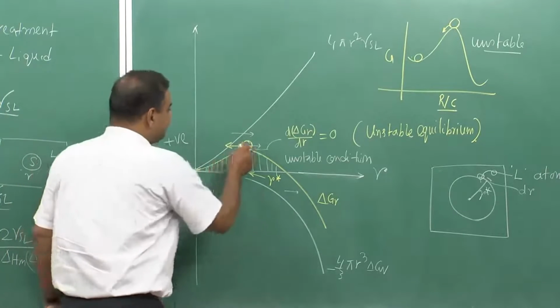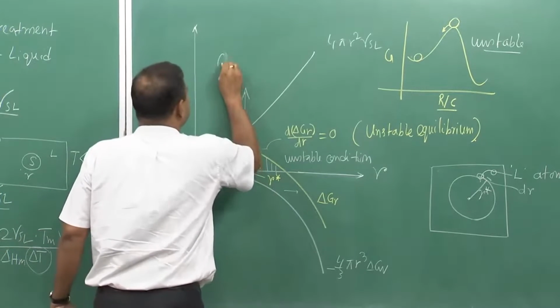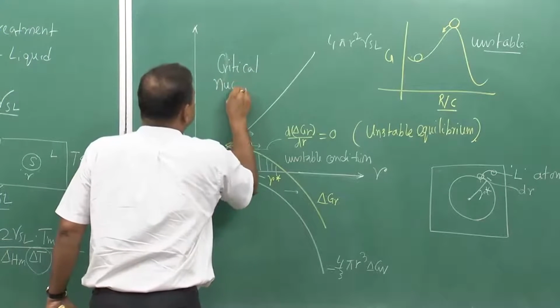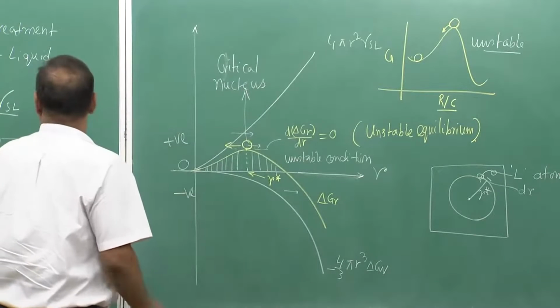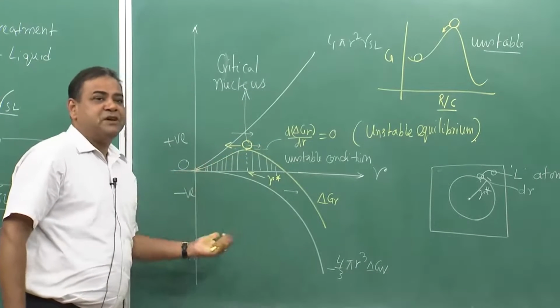So, that time we call it a stable nucleus. Okay? So, that means this is the critical nucleus, we call it critical nucleus. And once it goes to the other side, it becomes stable.